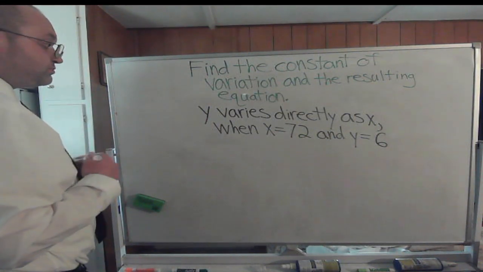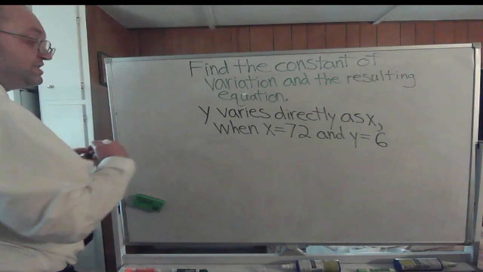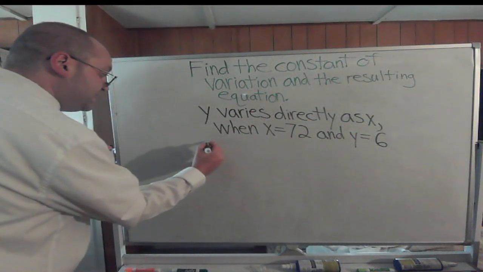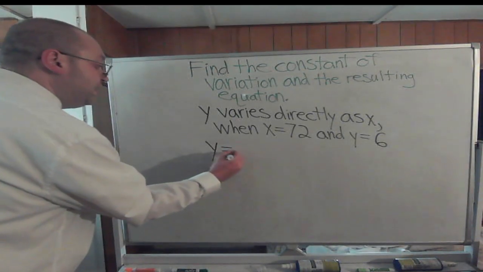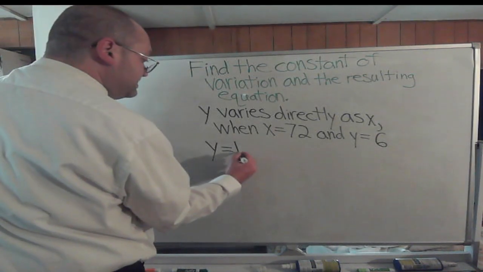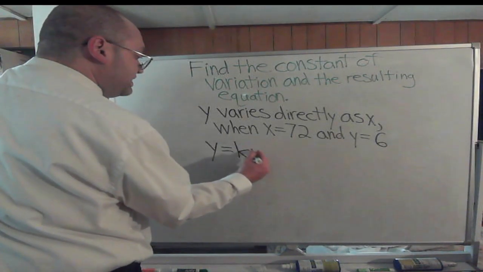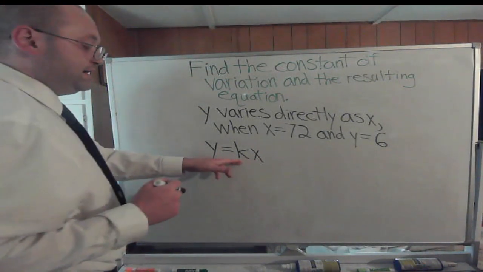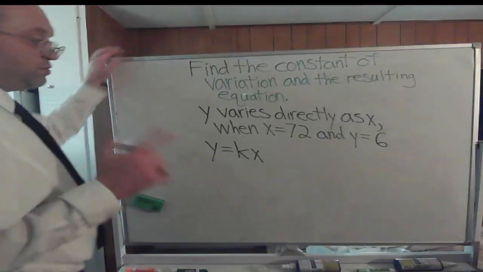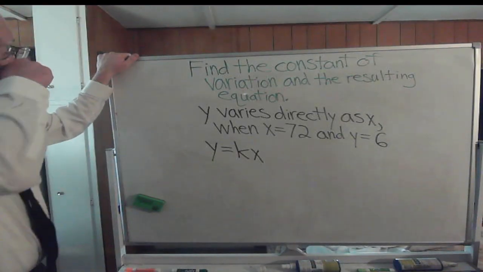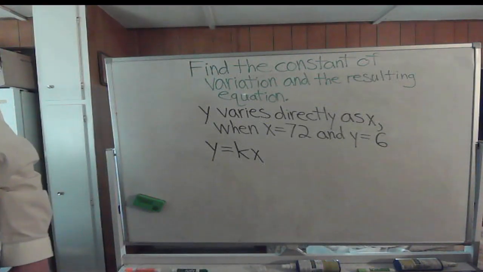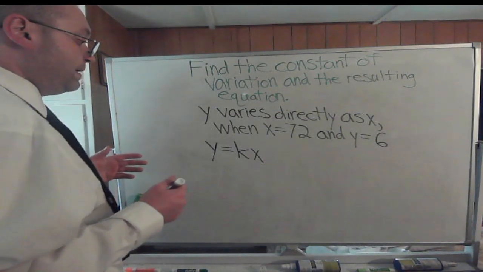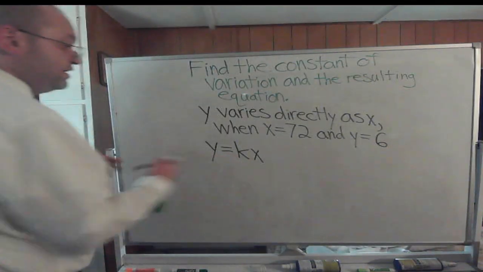Okay, well, let's start with the first part. Y varies directly as x. That translates into y equals that constant k times x. First, we're going to be tasked with solving for the constant of variation.